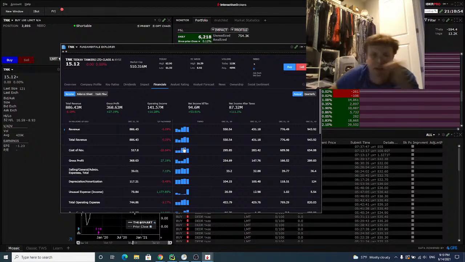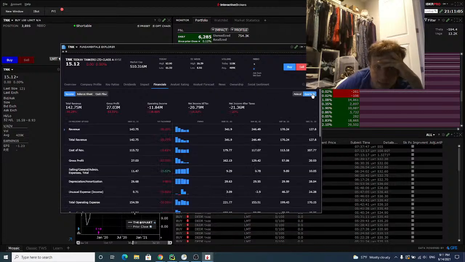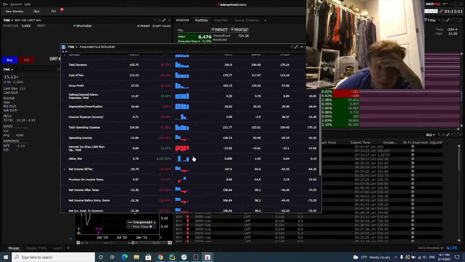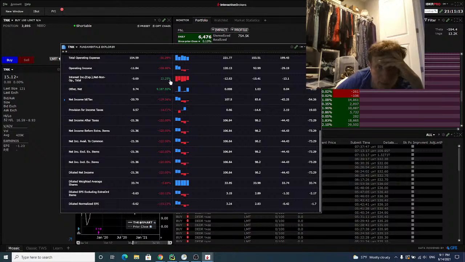Especially with some of these pipelines being canceled, I think they might have a decent chance to make some money. 550 million, 430, 776, 940, 860. Not a bad year during the pandemic, although their quarterly revenue is really not looking too good here. And they've got some big interest expenses, don't necessarily like that.